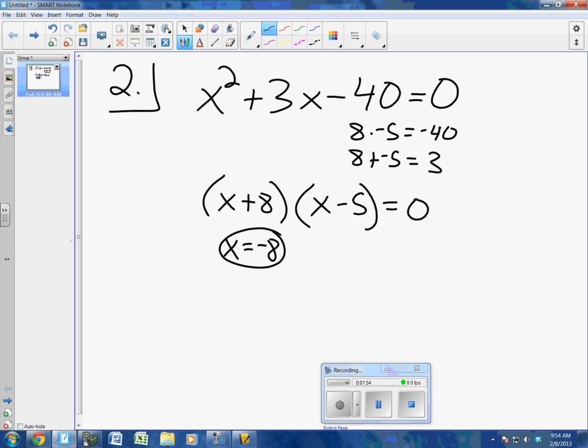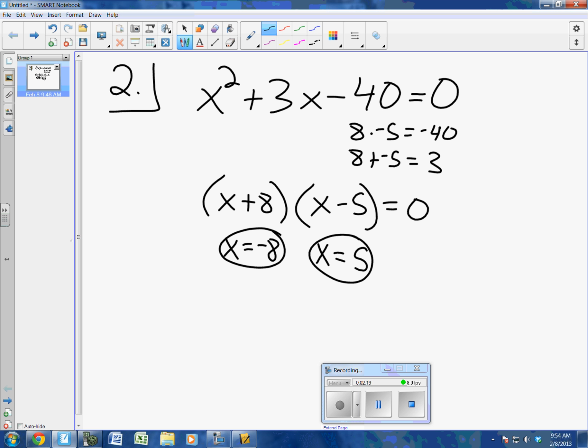How about for this one? If I put 5 in there, 5 minus 5 is 0. So my 2 answers are negative 8 and positive 5. So that one's probably best done by factoring. Okay? So I think that one's best done by factoring. Okay, choose another one.